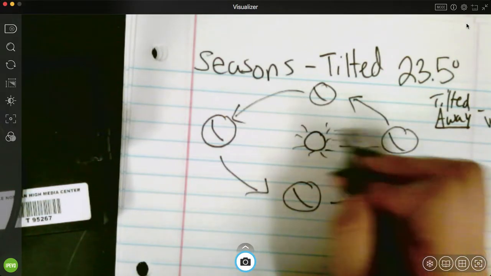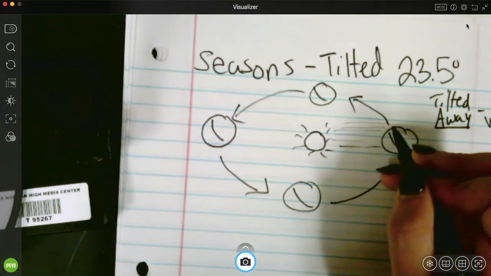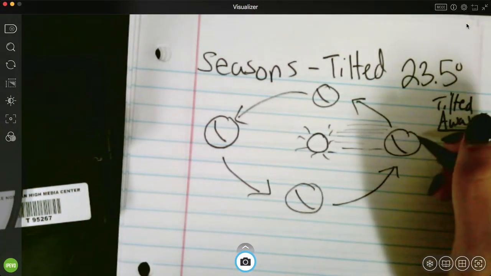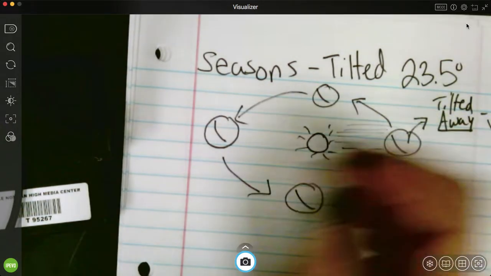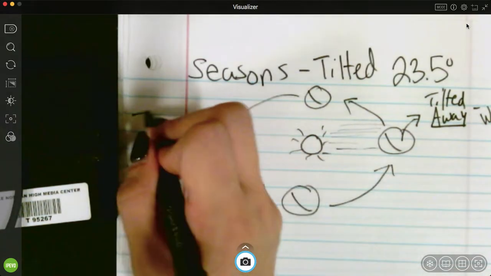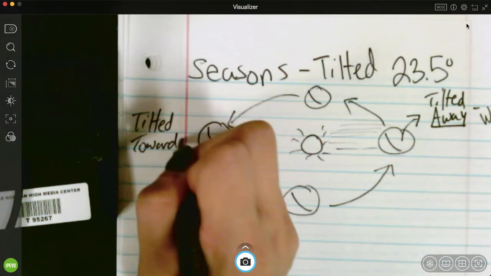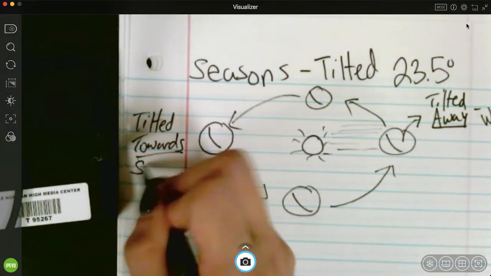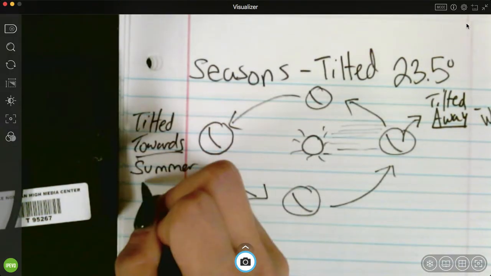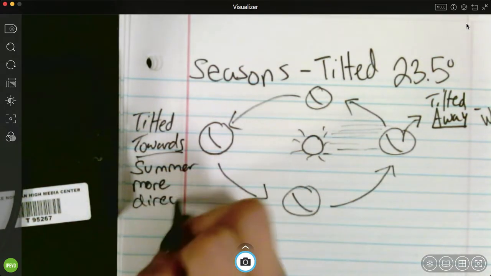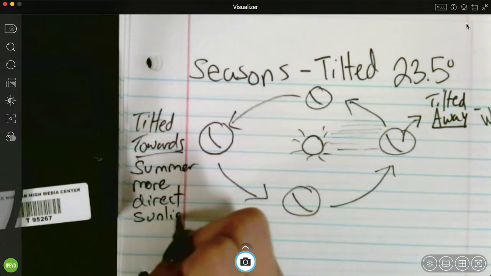So if I take this, you see how this light is barely scraping by? This would be winter. When you're tilted towards, that means it's summertime. Because it's not that you're closer, it's like you're getting more direct sunlight.